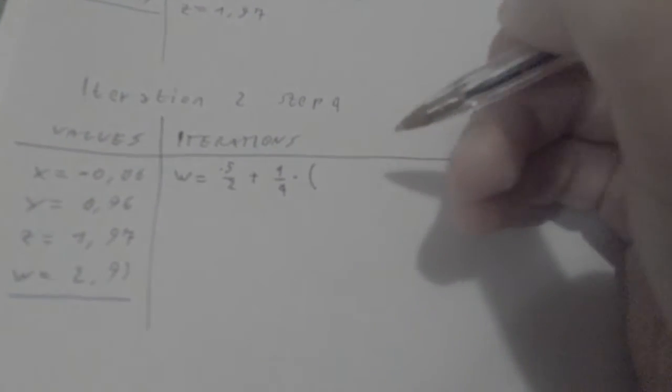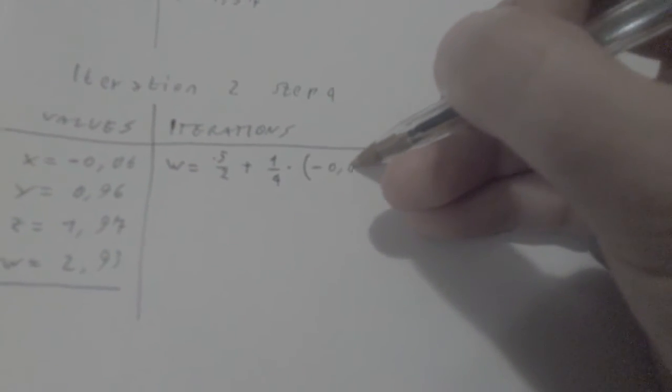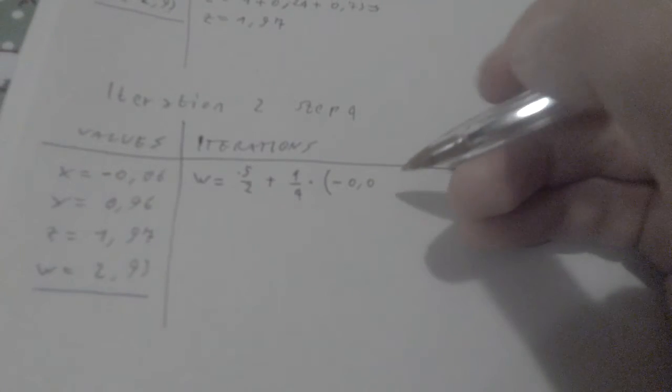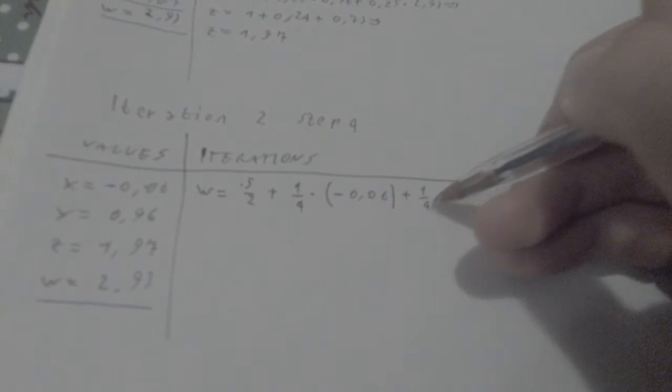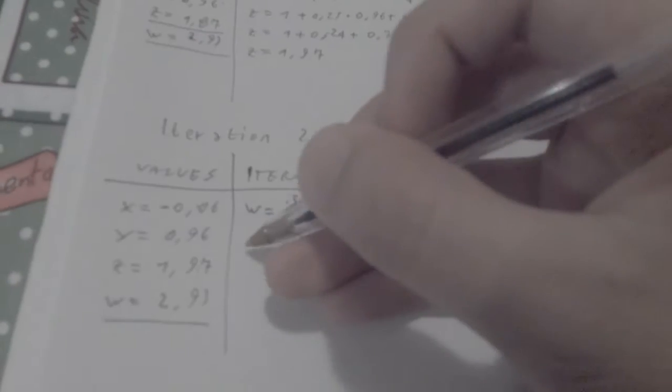By scalar, I always mean number. So if you get this far with the linear algebra, you should probably know this already, but anyway. So 1/4 times negative 0.06, which is the approximation for x, plus 1/4 times 1.97, which is our new estimation for z. So this is gonna give us our new estimation for w.